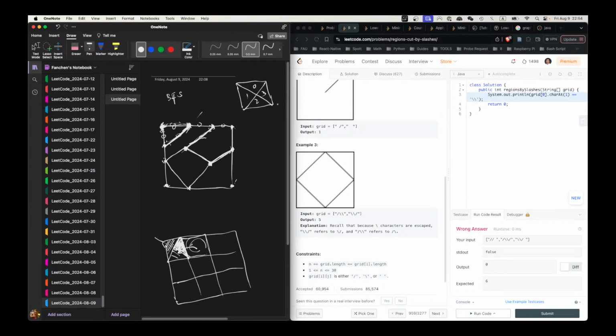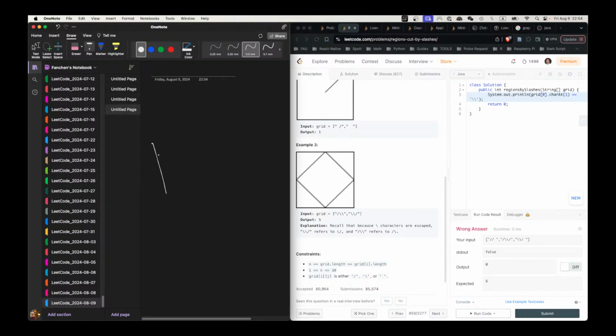And based on the cell, because we have i and j, we can get the index of the cell. And from the index of the cell, it's important that we figure it out. We want the triangles to be unique.